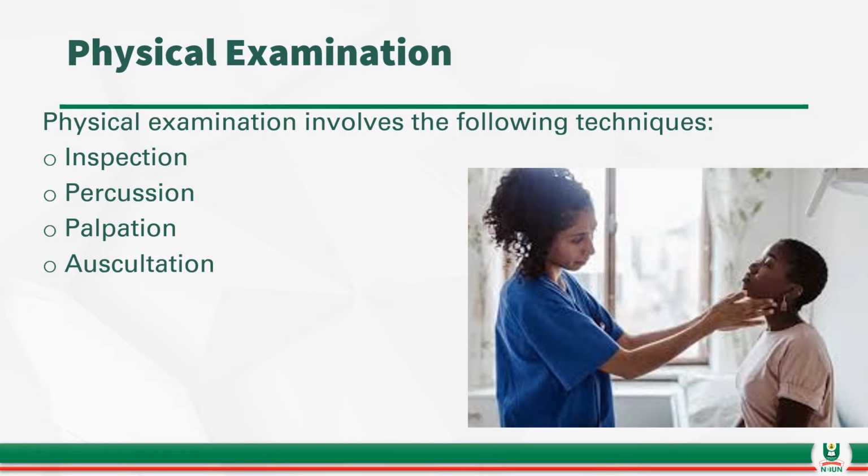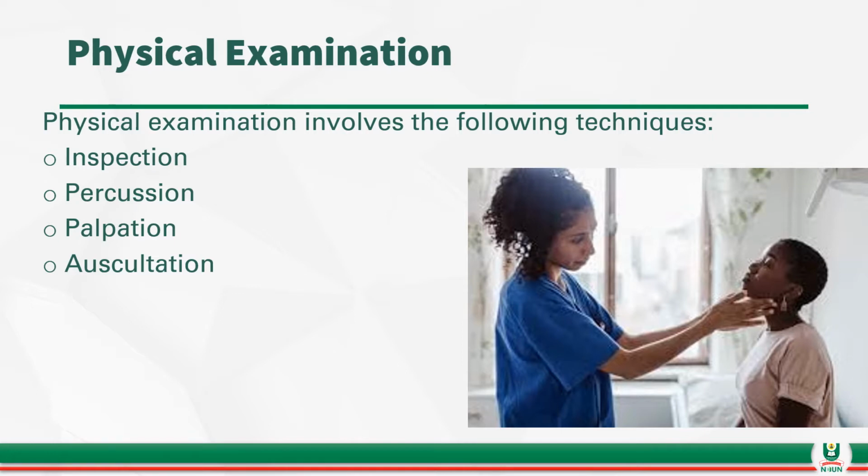First you inspect, and when any aspect of the body needs percussion, you percuss. If any aspect needs palpation, you palpate, and lastly you do auscultation. However, in all situations you do inspection, but not all situations require percussion, palpation, or auscultation.